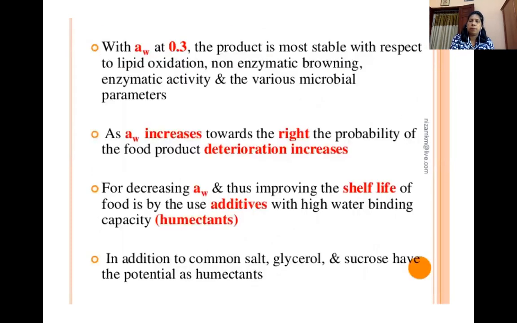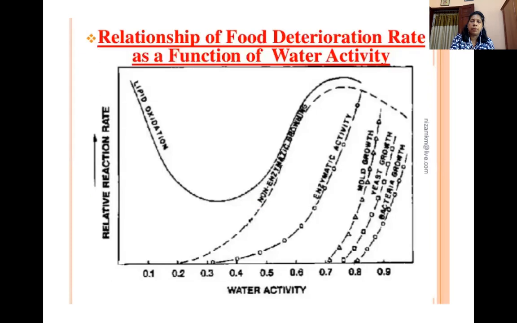So with water activity at 0.3, the product is more stable with respect to lipid oxidation, non-enzymatic browning, enzymatic activity, and the various microbial parameters. Nearly 0.3, now you can see, lipid oxidation is decreasing. That means it's a favorable situation for the food product.